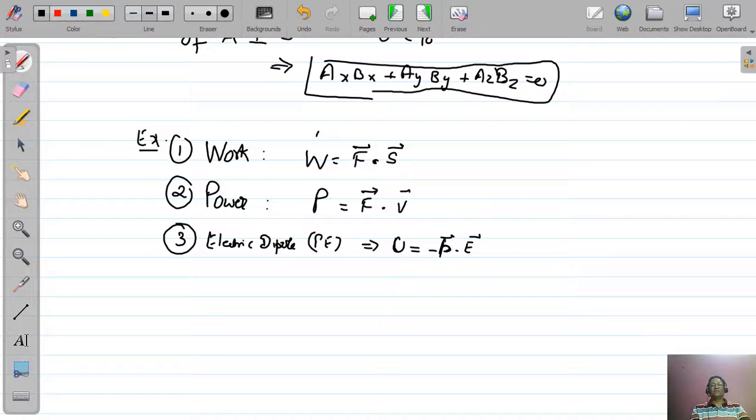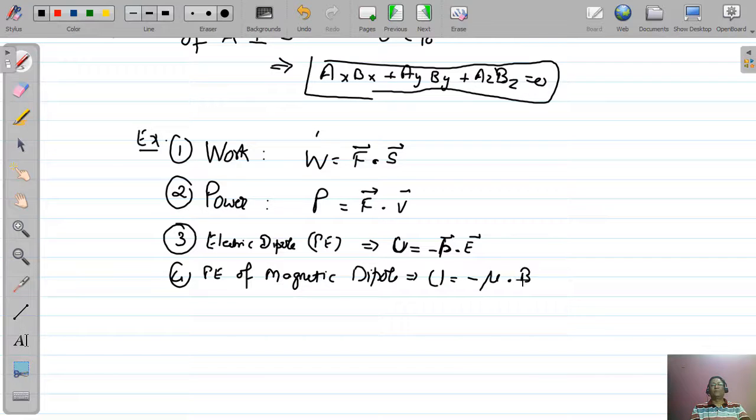Then its potential energy is defined in terms of a dot product. Similarly, the potential energy of a magnetic dipole is also written as U equal to minus mu dot B. Mu is the magnetic moment of the magnetic dipole, B is the magnetic field, and its potential energy is given as the dot product of mu and B.